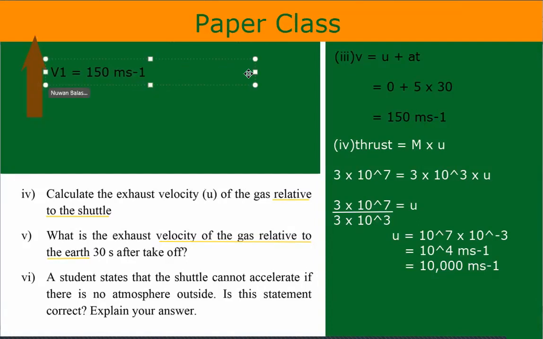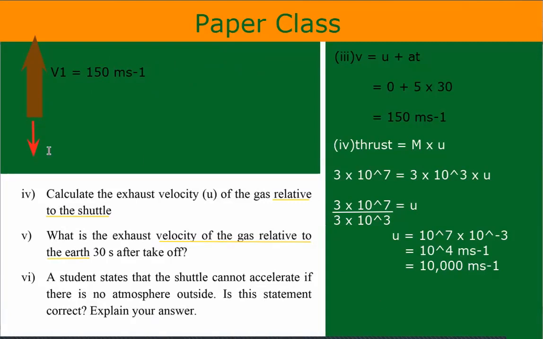So what is this 10,000 actually? 10,000 is the velocity of the smoke relative to the rocket.